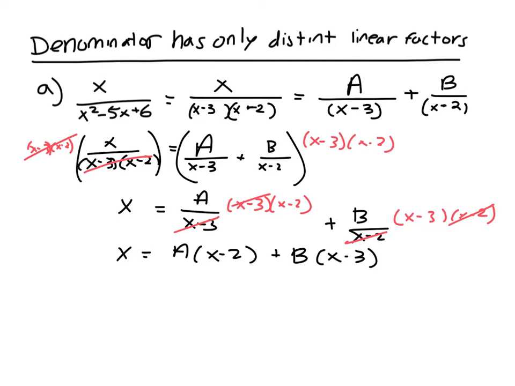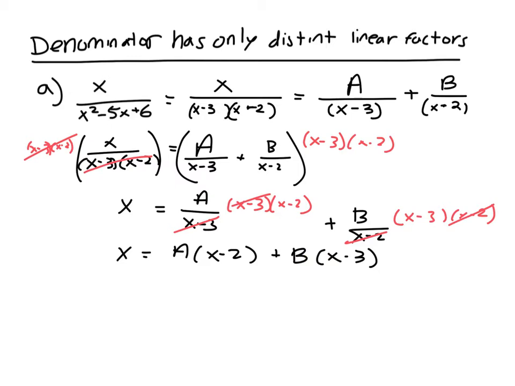At this point, there are two ways I can take this. First I'll explain the easier way, and then I'll explain another way. The first way, I can say, if I plug in x equals 3, then I'll be able to solve for a, because the b term will cancel out.